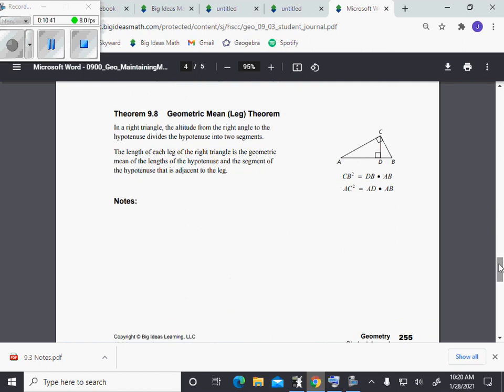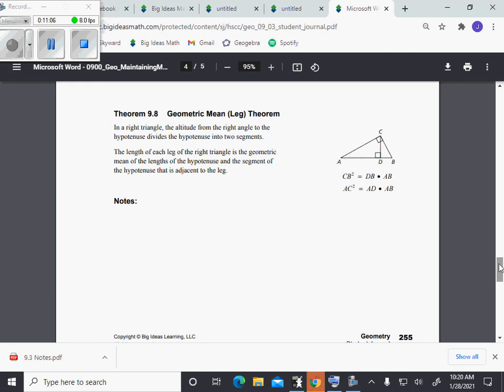Here's the leg theorem. If we wanted to find CB, or CB squared, that's going to equal DB times AB. So that whole length, DB times AB. Okay.